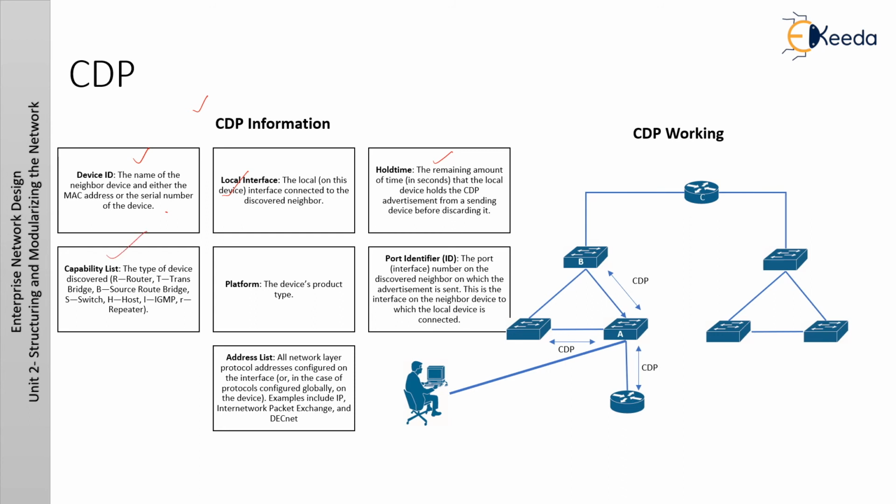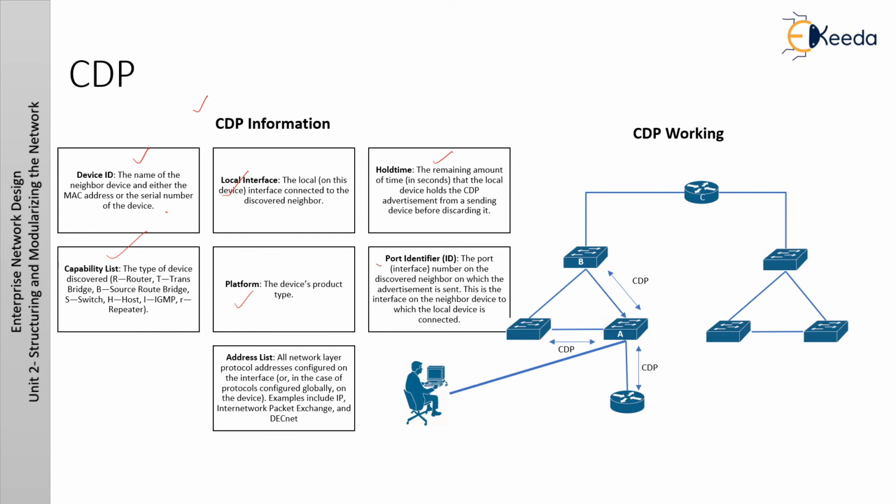Capability list, the type of devices discovered: R for router, T for transceiver, B for source routing bridge, S for switch, H is host, I is IGMP, and R is the repeater. Platform, the device product type.